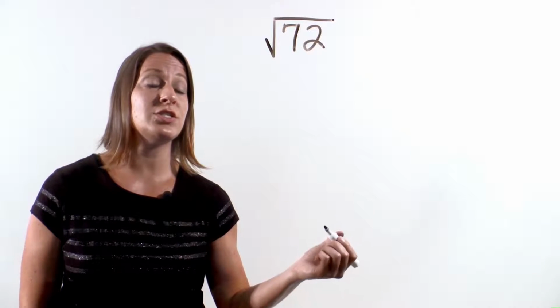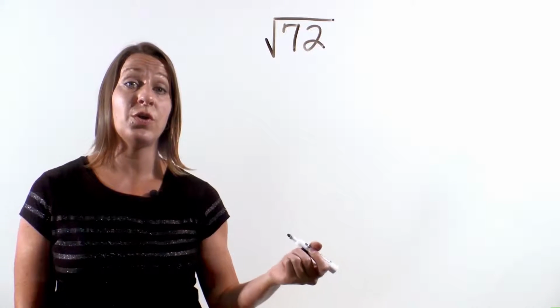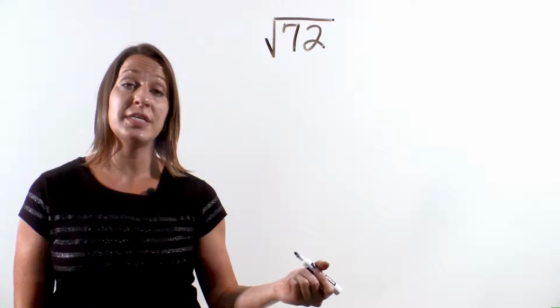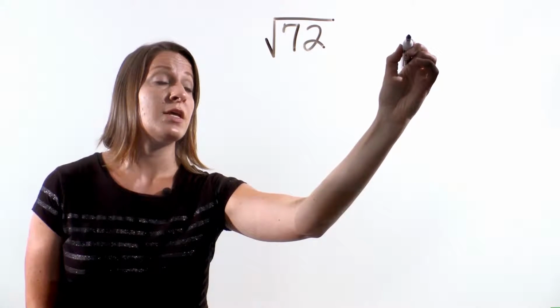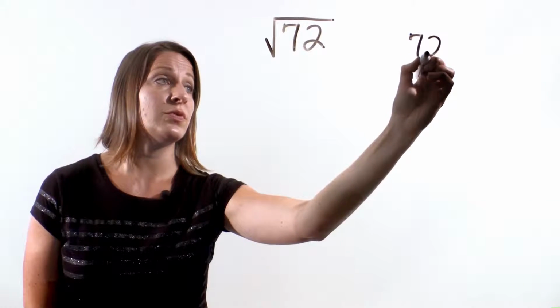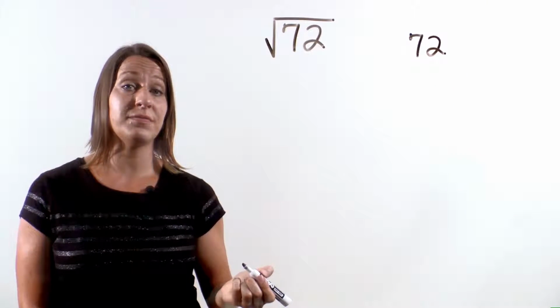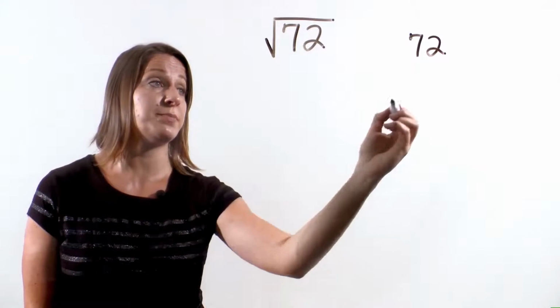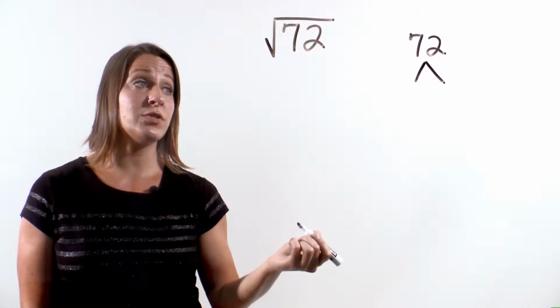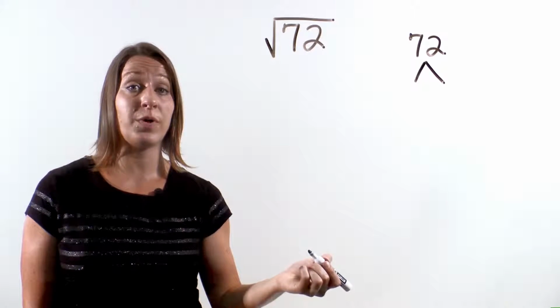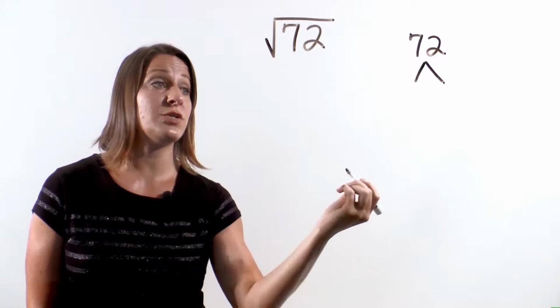The first thing we need to do is break apart 72. We need to factor 72 to see if there might be a perfect square inside. So we're going to take 72 over to the side, and we're going to make a factor tree. We're going to think of a multiplication problem, any multiplication problem, that equals 72.